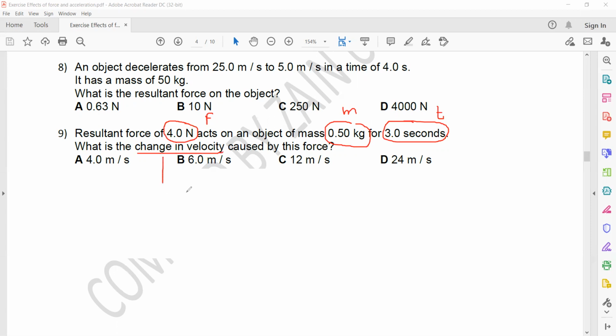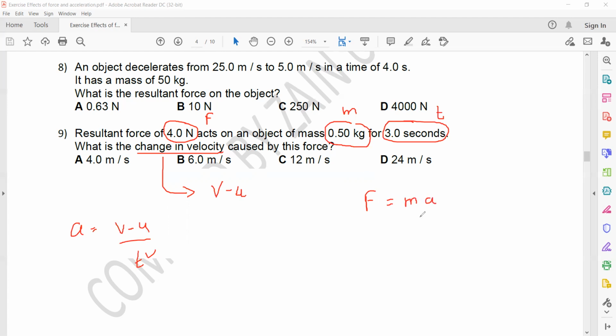What is the meaning of change in velocity? It means V minus U. So how can you find V minus U? You have the formula A equals V minus U over T. You have T, but you don't have A. And how can you find A? First use the formula which relates force, mass and acceleration. F is the force, M is the mass, and A is the acceleration.